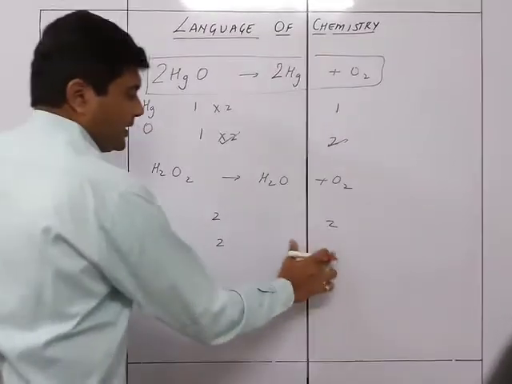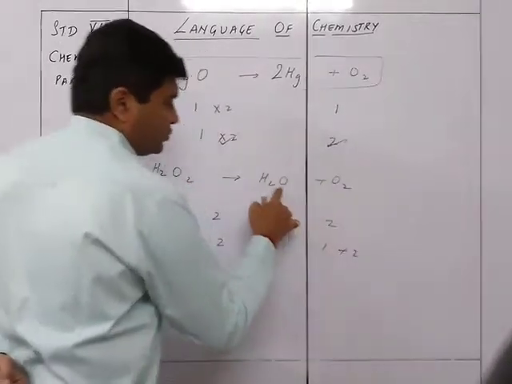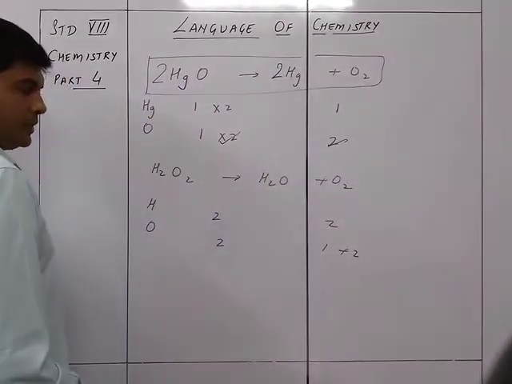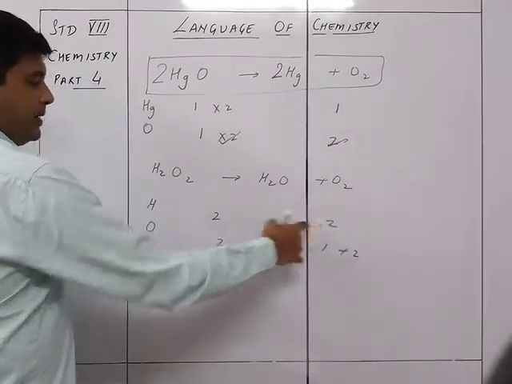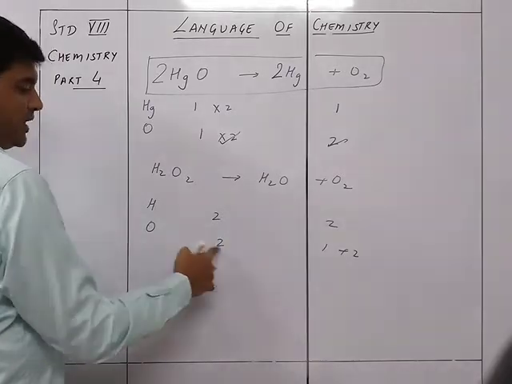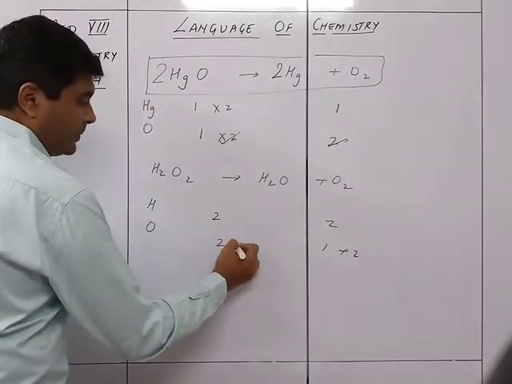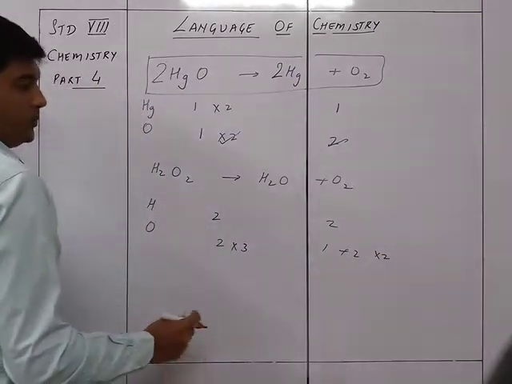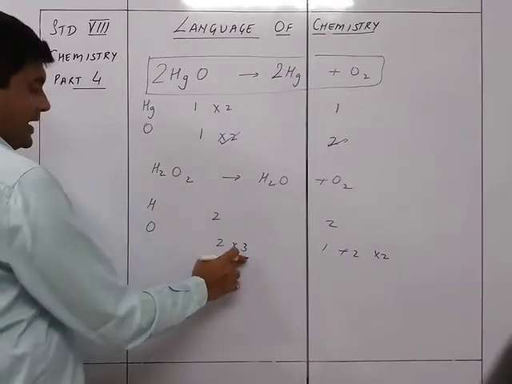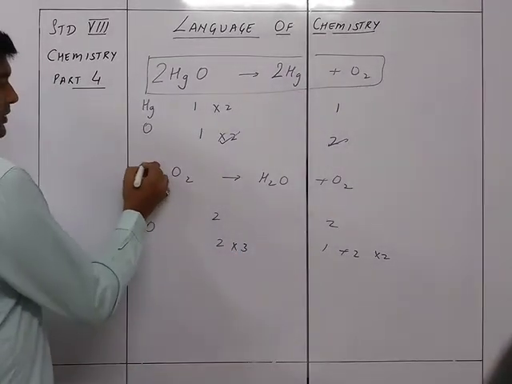So this is nothing but 1 plus 2, because 1 over here and 2 over here. Now H2 is not a problem at all, so we do not touch this right now, but this I will have to multiply by 3 and this I will multiply by 2. So what I'll do is I'll make this as 3.